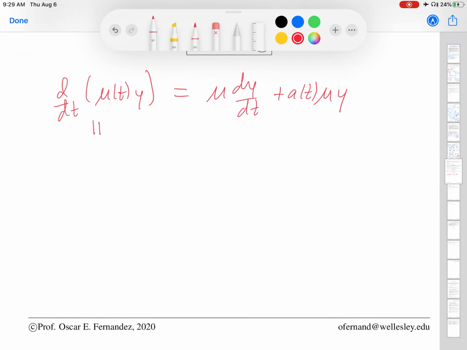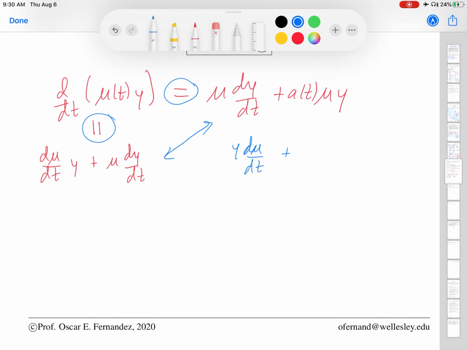So what I'm going to do here is take this derivative by the product rule. The product rule says derivative of the first times the second plus the first times the derivative of the second. Great, and then I want to make all of these terms equal, so I'm going to set these two things equal. So I have y d mu/dt plus mu dy/dt equals mu dy/dt plus a of t times mu times y.